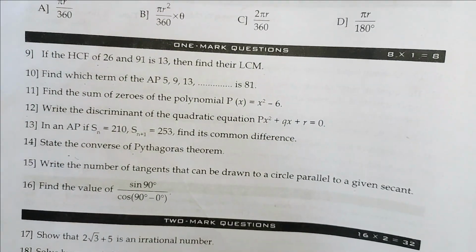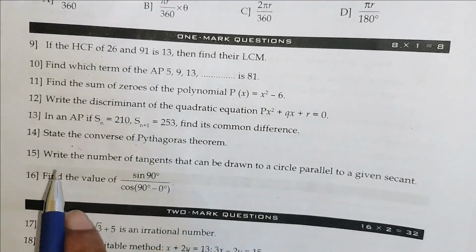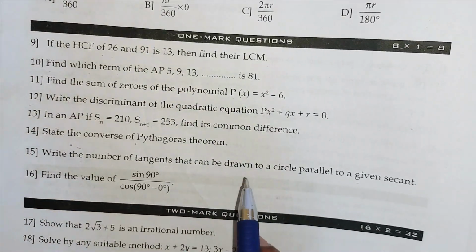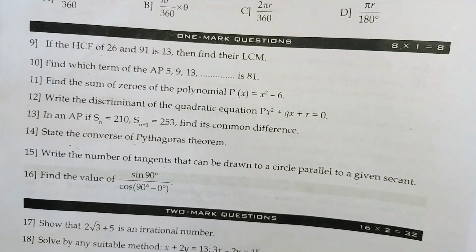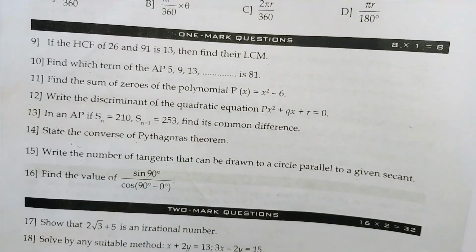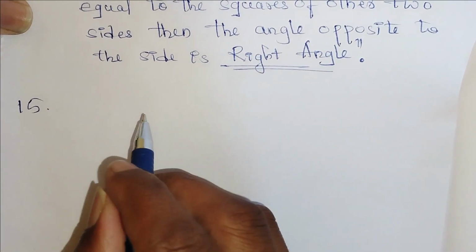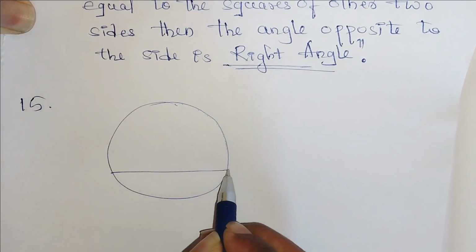Next we can go to the 15th problem. Write the number of tangents that can be drawn to a circle parallel to a given secant. Have you understood all? You know secant. What is meant by secant? A secant is a line cutting the circle, right? I will show you.